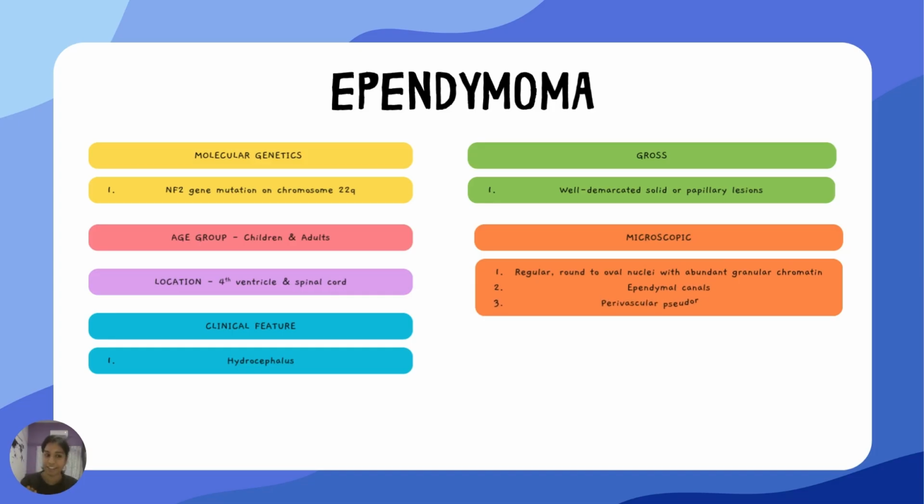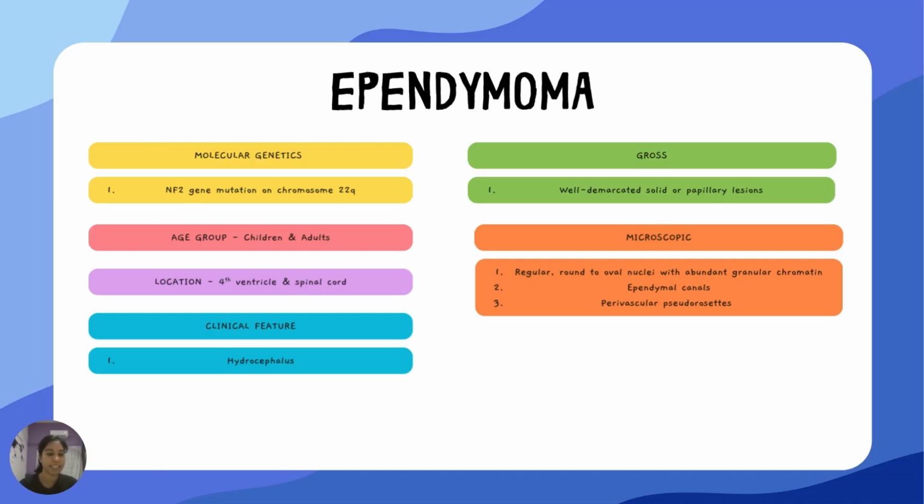And the last one for the glial cell carcinoma in this video is your ependymoma. So the molecular genetics involved is NF2 gene mutation on chromosome 22, 22q. The people commonly affected are children and also adults.